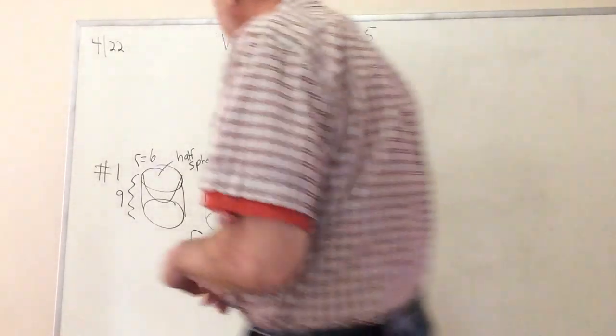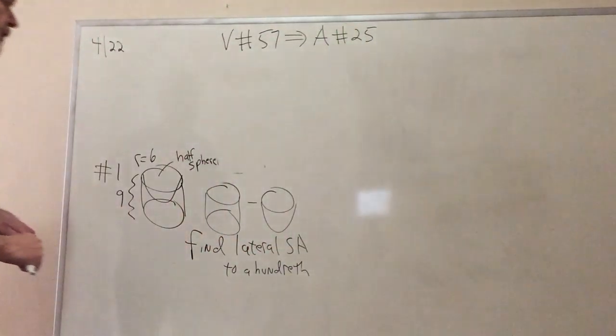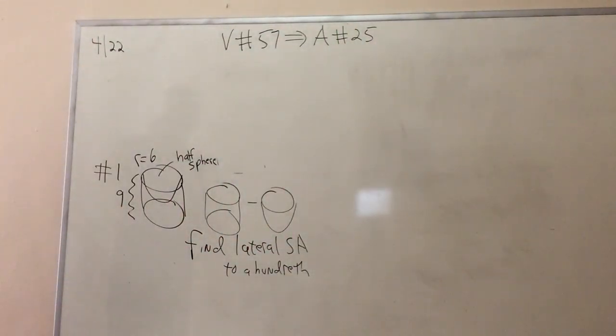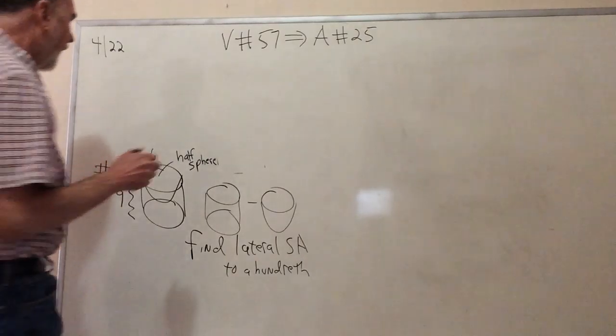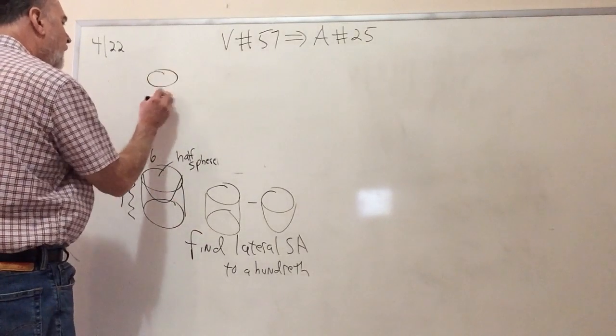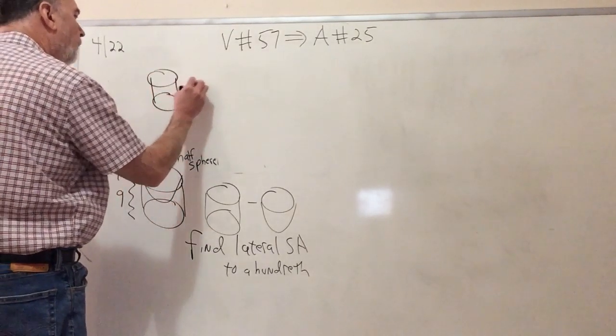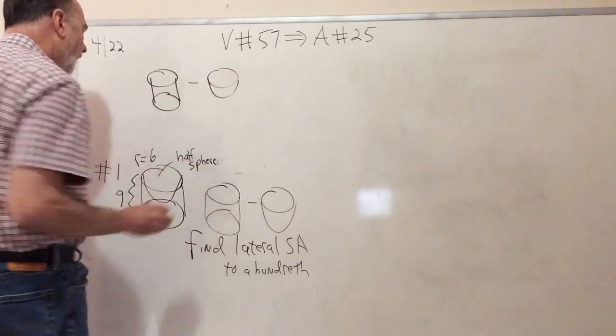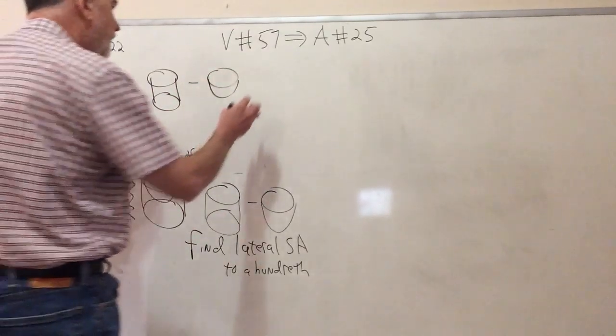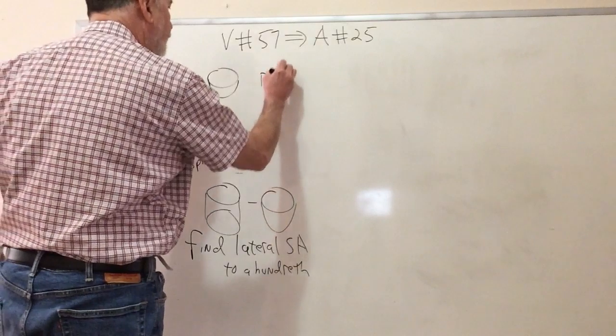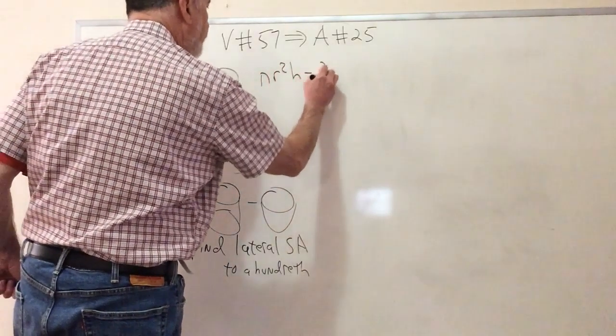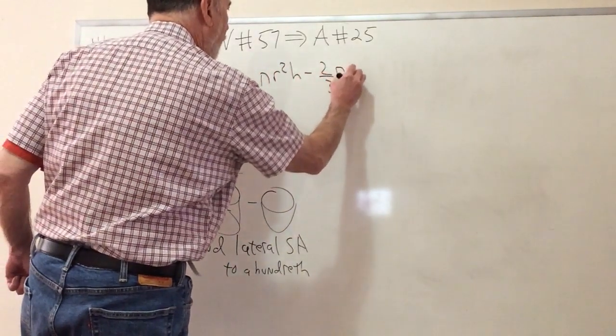And we need to solve the first problem. It's a subtraction problem. I went online and saw some of the assignments turned in. A lot of you have this down now. It's obviously the cylinder minus the half sphere, which immediately tells you that it's pi r squared h minus 2 over 3 pi r cubed.